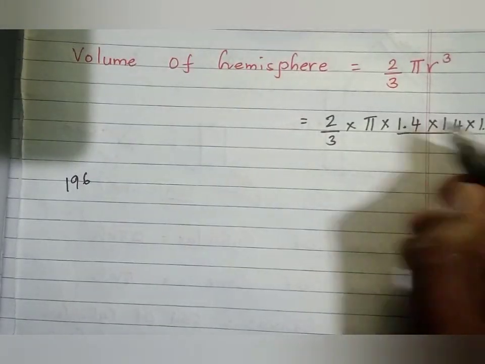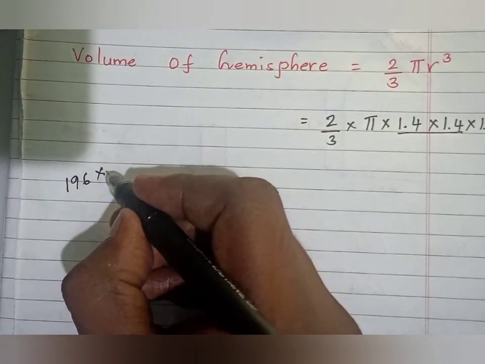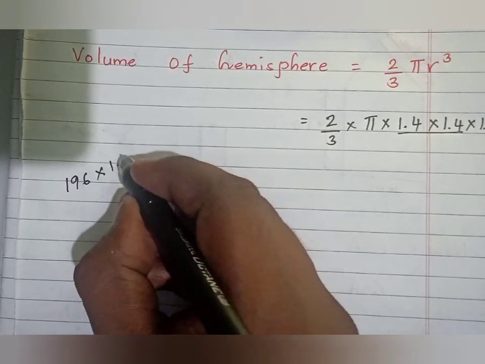We have already multiplied 1.4 into 1.4, that is 1.96, into 1.4.